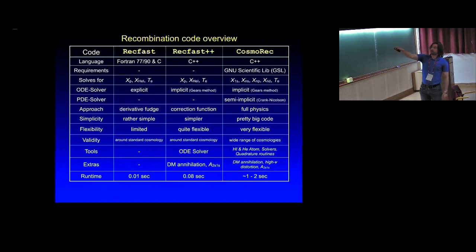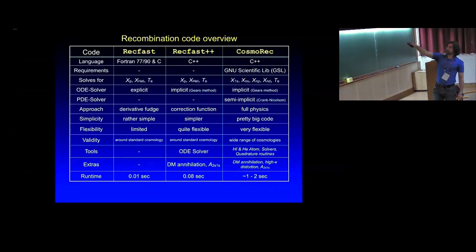The same is true here, although it's really easy to add additional equations. For example, the version of RecFast++ which you should have been able to download from the Dropbox also solves the cosmic time simultaneously, because that is needed for decaying particles, right? So it's really easy to add some equations.